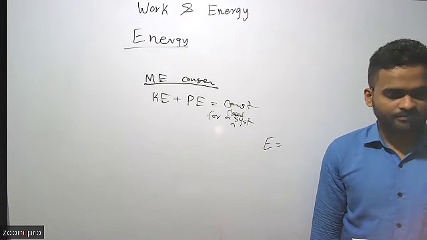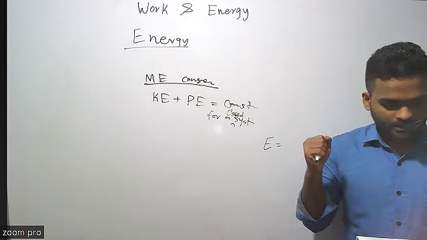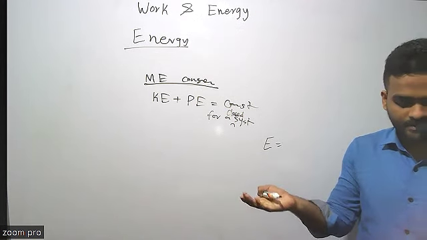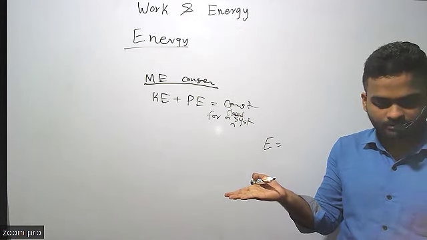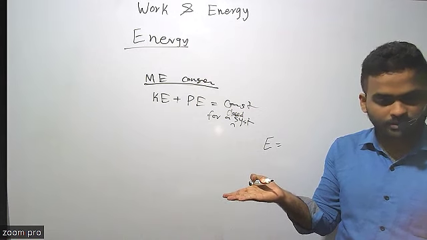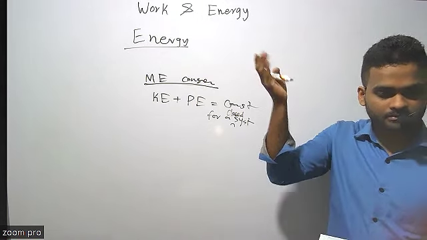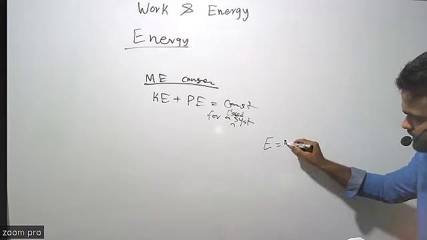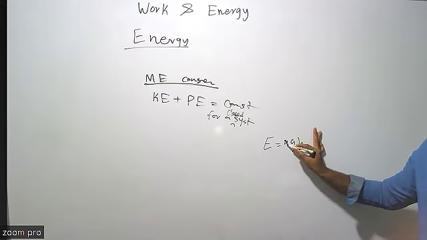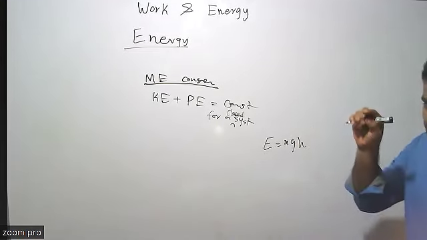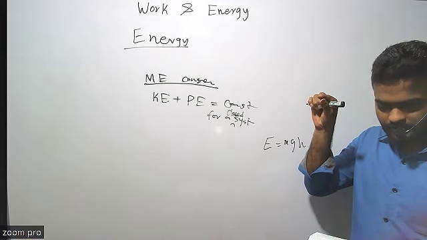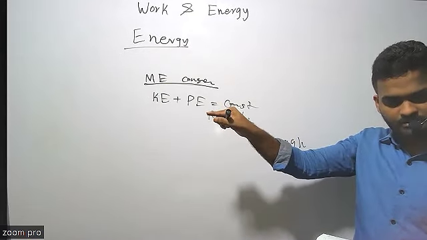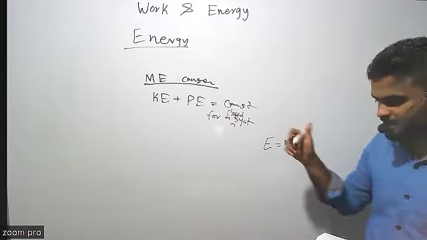So what does it do? A pump lifts 5 kg of water to a 10-meter height, meaning its potential energy increased by mgh. Then it gives that water 4 meters per second velocity, meaning it is given kinetic energy.